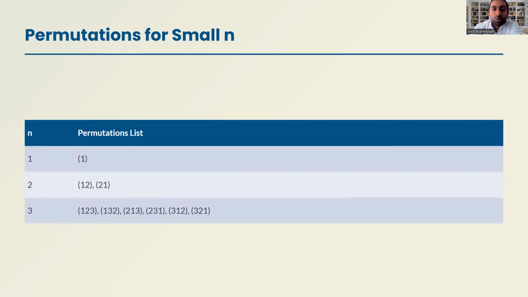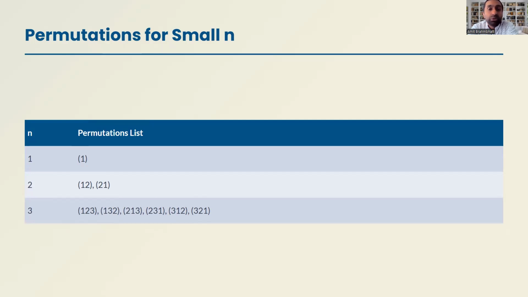Permutations for small n. To build intuition for bijections, it helps to explicitly write out all permutations for small values of n. For a set containing only the element 1, we have 1 factorial, which is one permutation, just 1. For the set 1, 2, we have 2 factorial, yielding 2 permutations: 1, 2 and 2, 1.